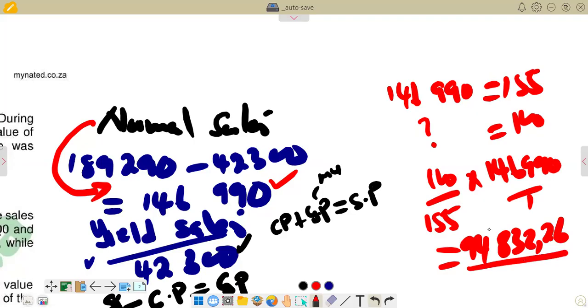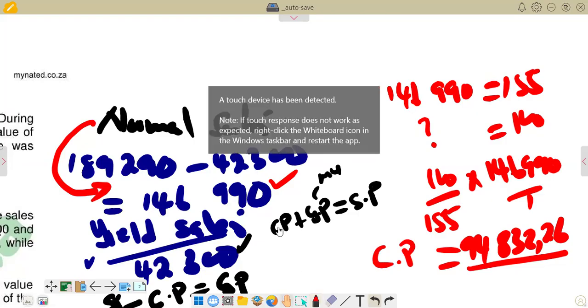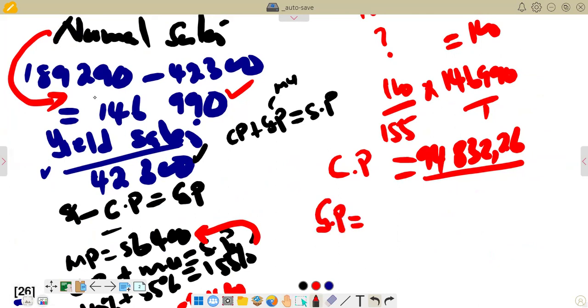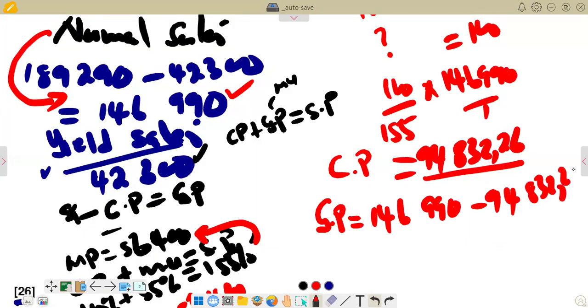And then after having the cost price now, so this is now representing our cost price. So to find the gross profit now, remember we are saying selling price minus cost price. So our gross profit is now equal to our selling price, 146,990, and then you subtract your 94,832.26.